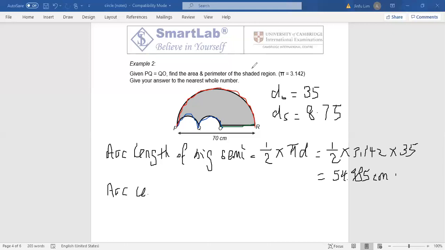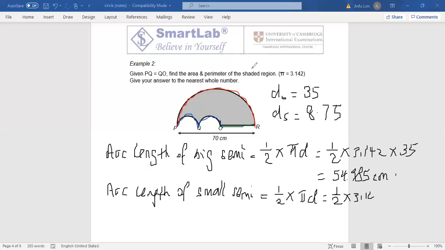After that, we will move on to find the arc length due to the small semicircle. So just take half times pi d again. So half times 3.142 times the diameter.